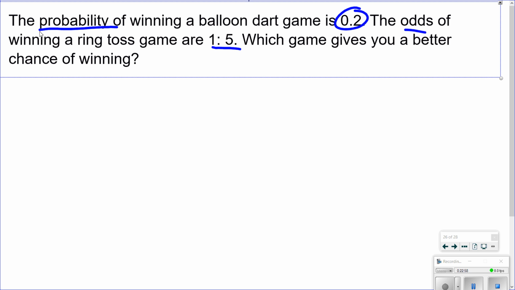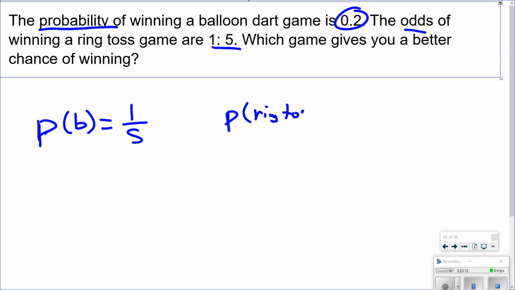So let's make them both probability. So the probability of winning the balloon game is 0.2. I'm going to write it as 1/5. The probability of winning the ring toss, well, the odds are 1 to 5. So that means 1 favorable outcome, 5 unfavorable.